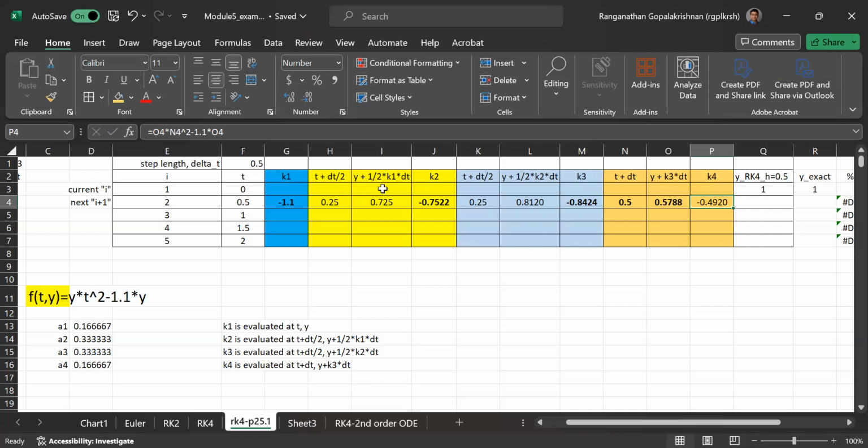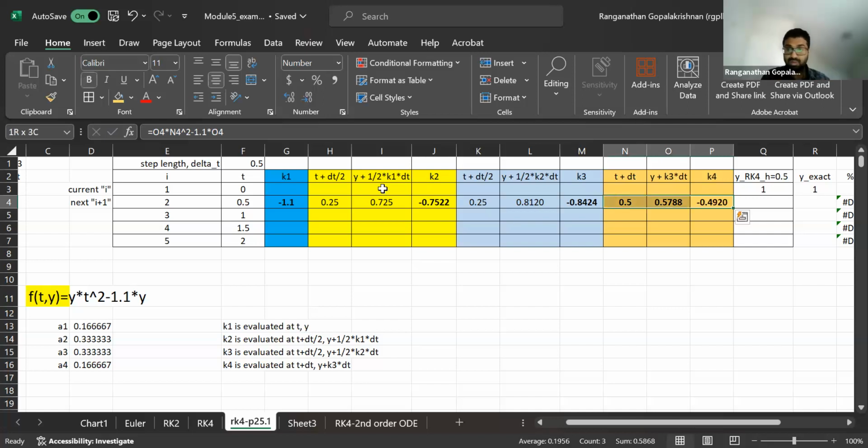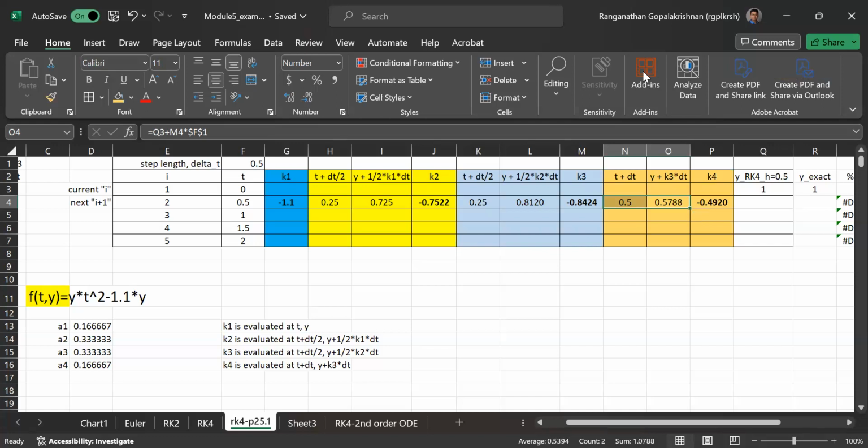Can you give me a minute to write this down? Yes, of course. Can I see the K4? I got it.